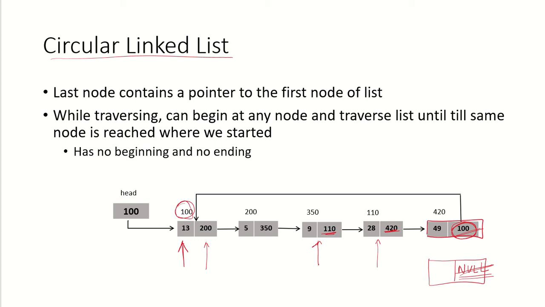Then we can access the next node at 420. Then we can access the next node at address 100. So we reach here. Then we can access the next node at 200. So we reach this. Even if we start from anywhere, we can traverse the whole list and reach where we started. So in a way, this circular linked list has no beginning and no ending.